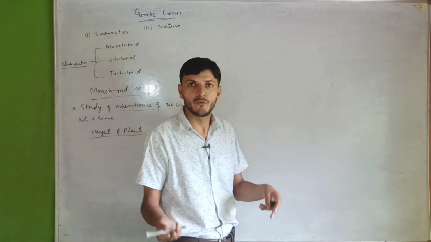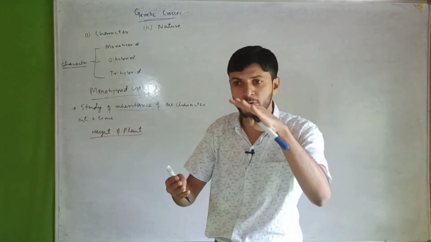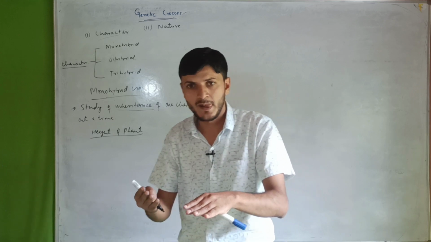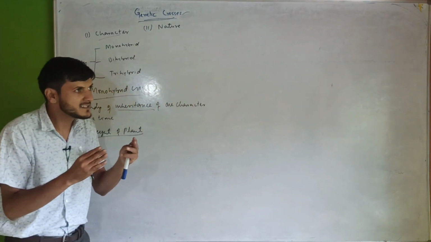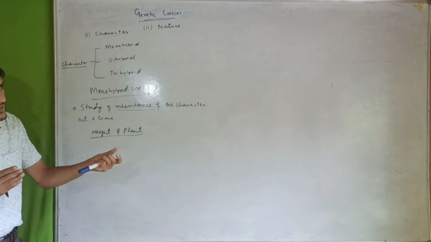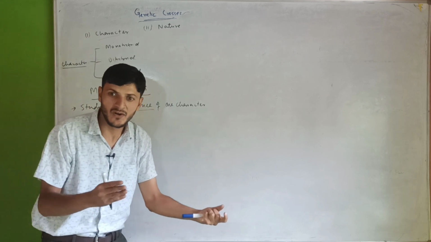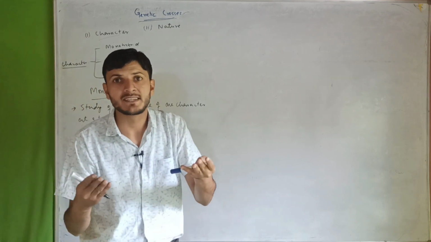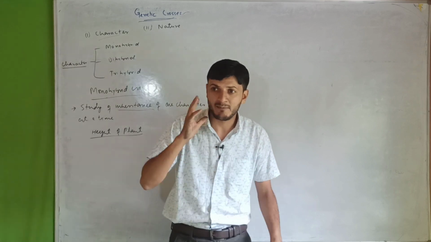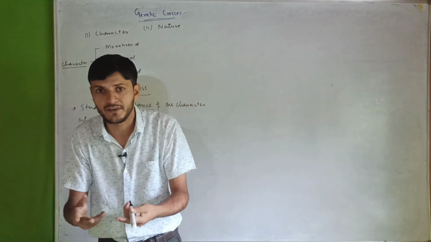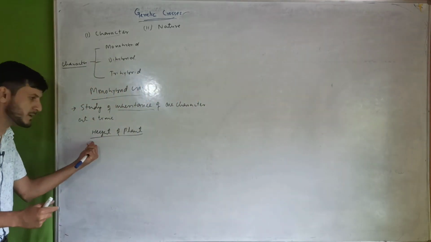Some are very large and some are very short. When I say that this plant is very tall and this plant is very short, what does that mean? At that time I am considering the height of the plant.